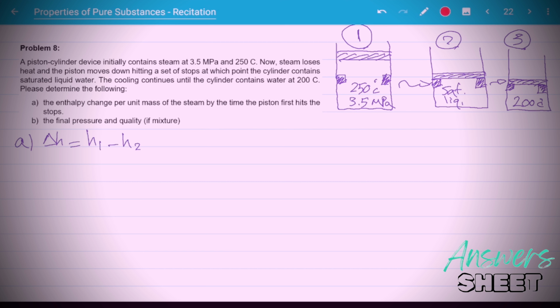Before we start dealing with the problem, let's first talk about these 3 states and the processes between them. From 1 to 2, because the piston can freely come down, we are dealing with a constant pressure process. Now from 2 to 3, because the piston is sitting on the stops and cannot shrink down any further, we are dealing with a constant volume process.